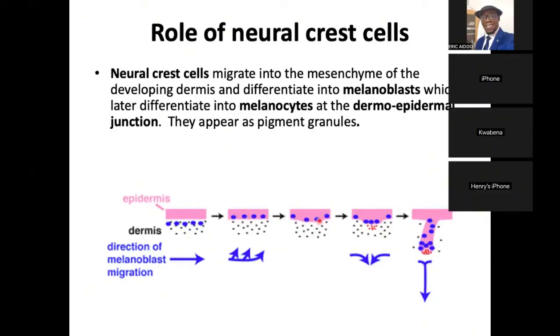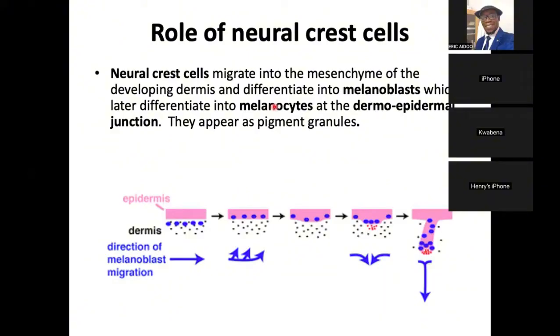Can you say the melanoblasts are the precursors for melanocytes? Yes. If you want to compare it to an adult and a child, you can say melanoblasts are children who are still growing compared to an adult who is no longer growing in height.